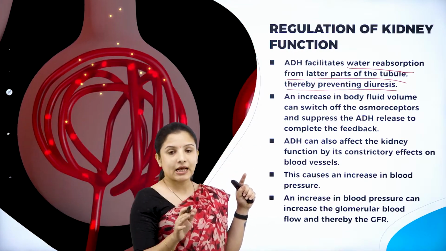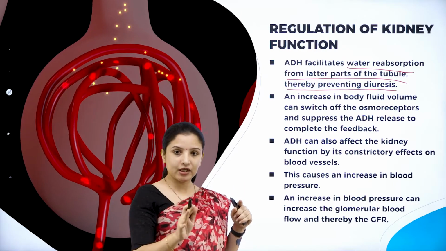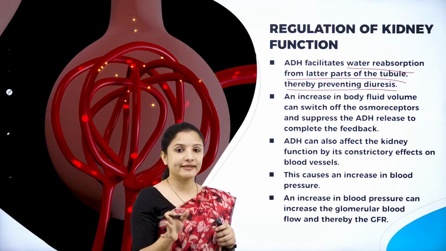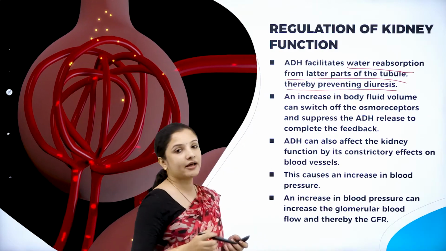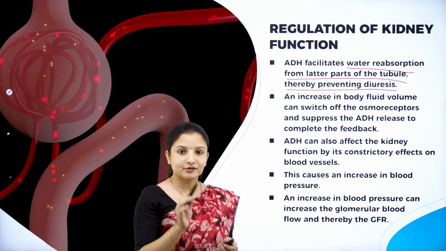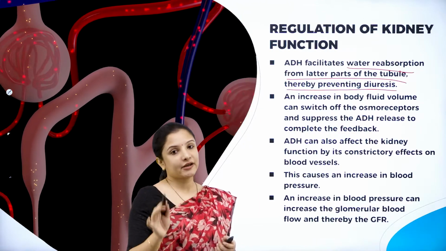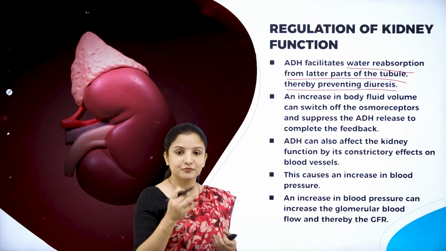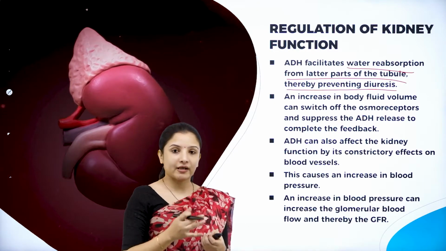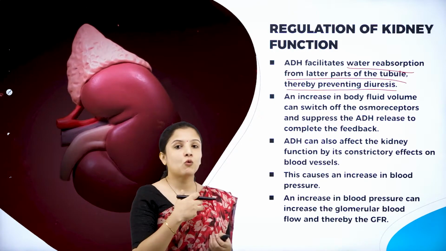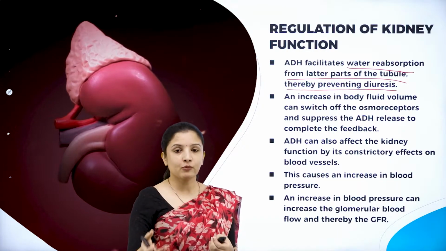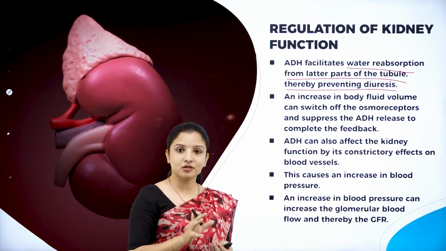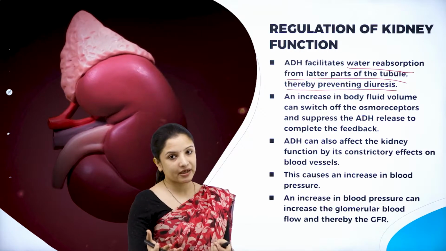So the hypothalamus gets stimulated, and that stimulated hypothalamus will release the hormone, that is antidiuretic hormone or the vasopressin. This hormone will facilitate the reabsorption of water, wherein it will not allow the water to move out of our body, only allow the urine to concentrate, and that concentrated urine to get eliminated out of the body.